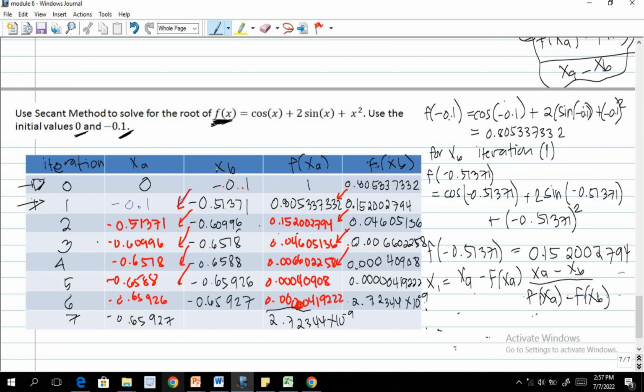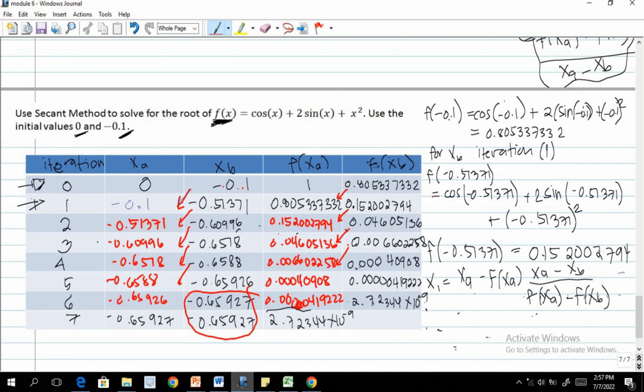If you try to solve for the value of XB, ang lalabas sa inyong calculator, this is 0.65927. So kung mapapansin ninyo, if you try to go with iteration 7, pareho yung lumalabas na value ng XB.